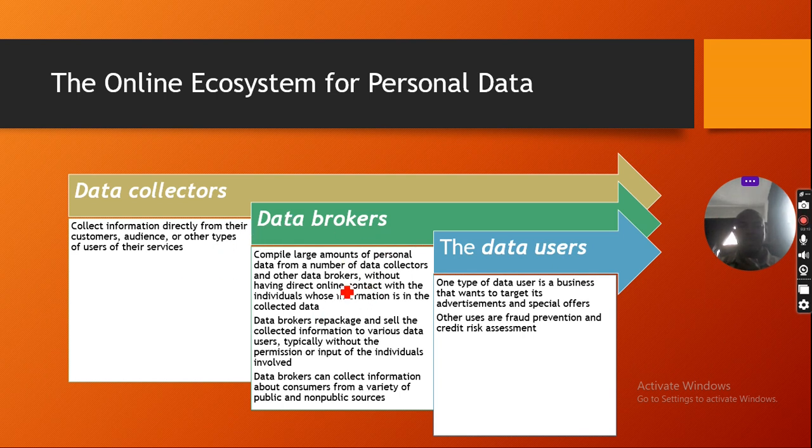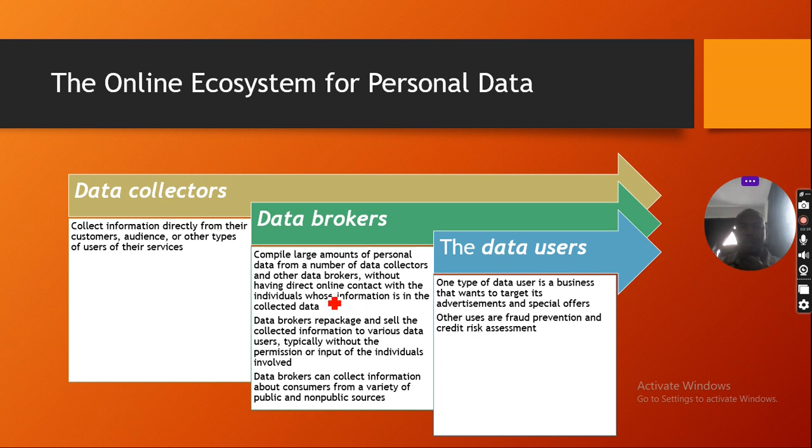Then the data brokers compile large amounts of personal data from a number of data collectors, without having direct online contact with the individuals whose data were collected in the first place. They go to the different data collectors, compile the data, and make huge data banks.